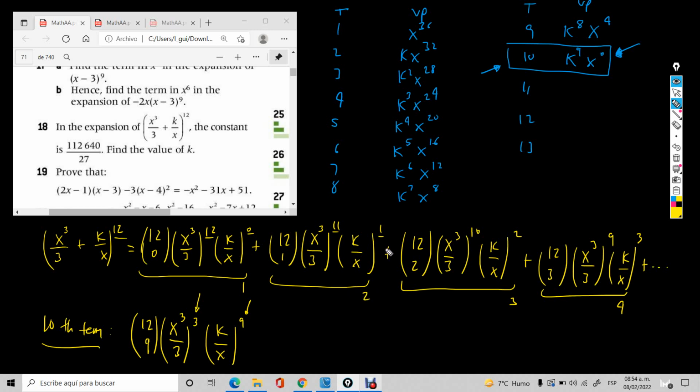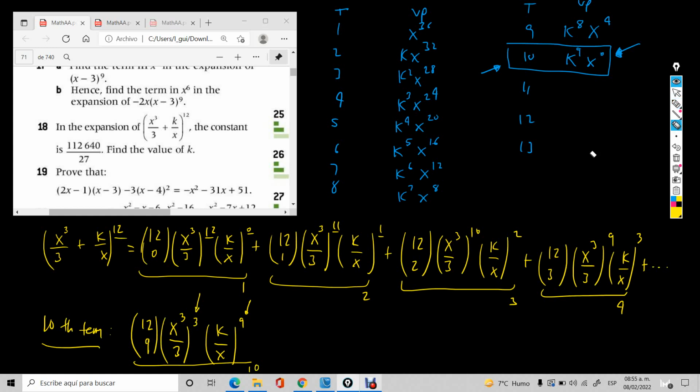Second term, the exponent is 1. Third term, the exponent is 2. You got it? So if I'm looking for the term number 10, then this should be 9, and therefore this should be 3. So that 3 plus 9 respects that rule of being equal to 12.